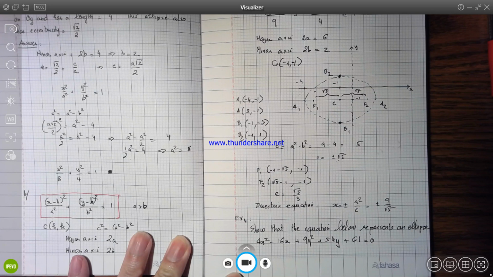So how do we complete the square? I'm going to keep the x term and y term on one side, and move the 61 to the other side.